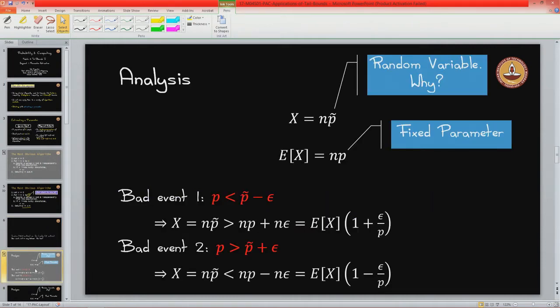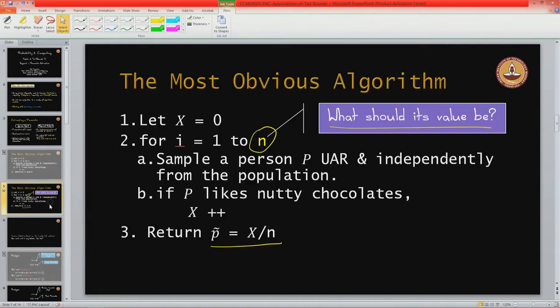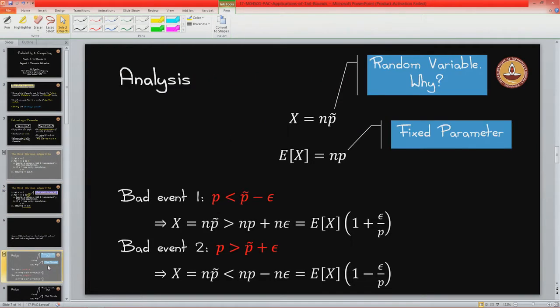So, here going back to the algorithm, your x is the total number of people who said they like nutty chocolates, right. So, x is a random variable here. Why? Because the population is fixed.